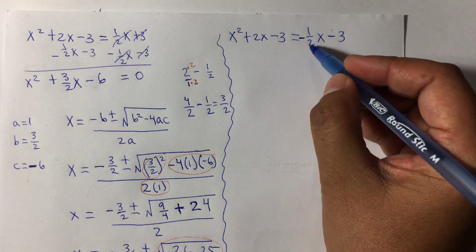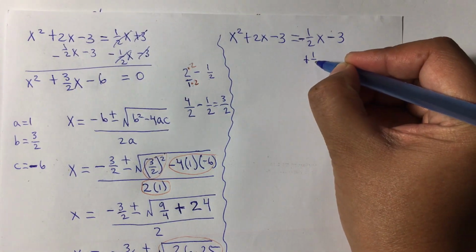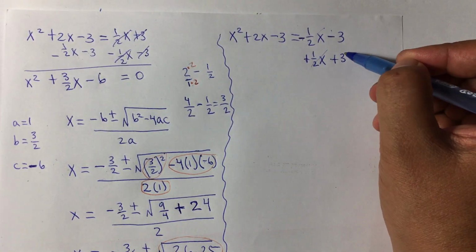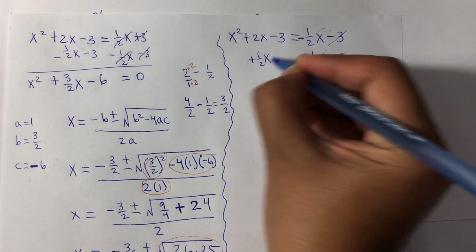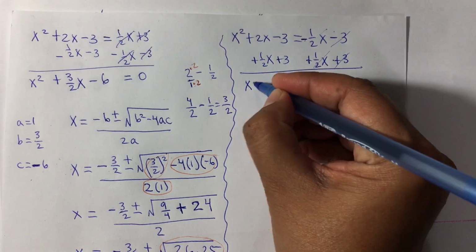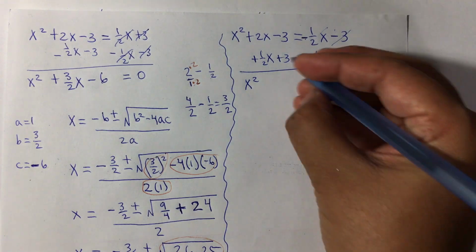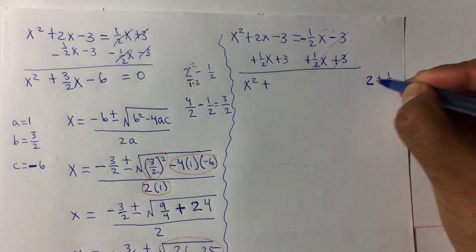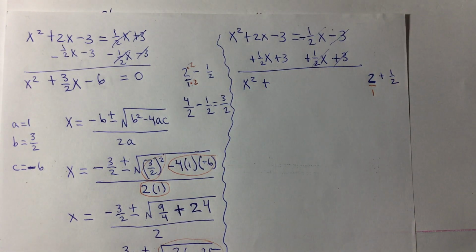Okay, so in here, again, now we change the answer to negative. And so we start canceling now by adding 1/2 of x and 3. That way this cancels and this cancels. But if we add it on one side, we have to add it on the other side. In here we're going to get x squared, 2x, and 1/2 x is 2.5x. Or you can convert 2 wholes plus 1/2 to halves.